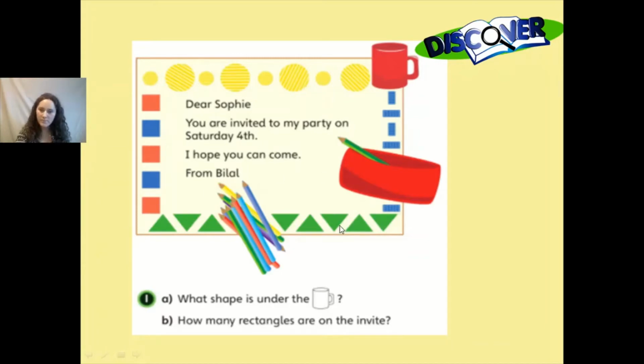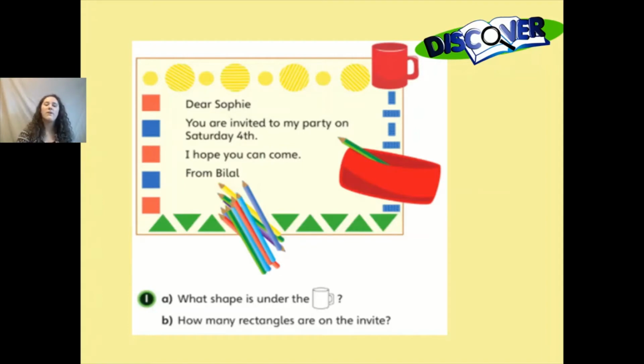Along the bottom, I noticed the pattern upside down triangle, right way round triangle, upside down triangle, right way round triangle. And then along this side, I noticed the pattern vertical rectangle, horizontal rectangle, vertical rectangle, horizontal rectangle.